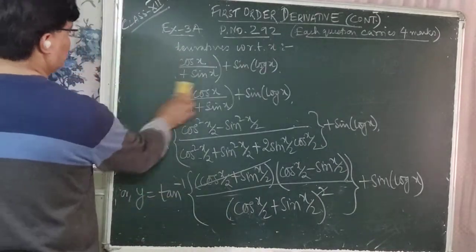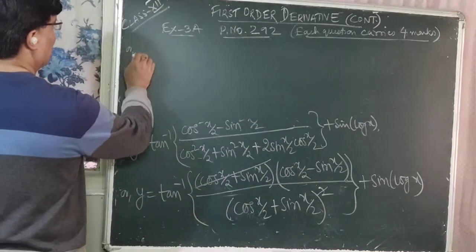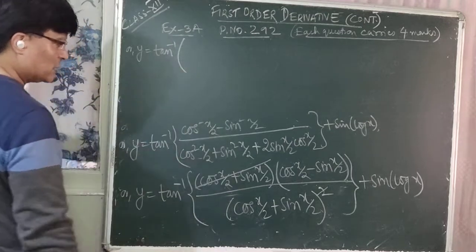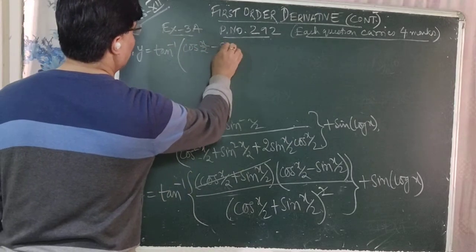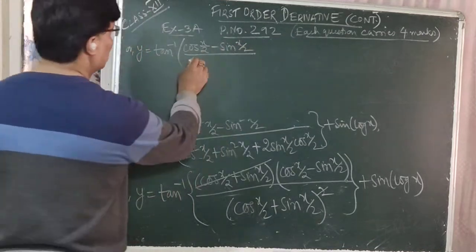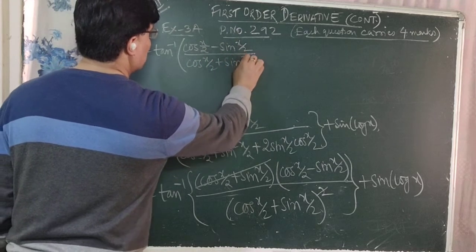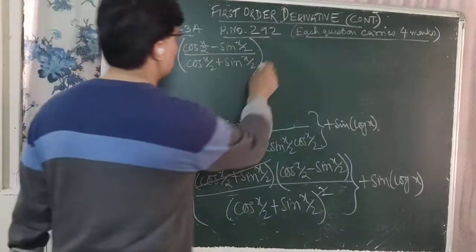Okay. Next. Or y is equal to tan inverse. So what are the remaining terms here? It is cos x by 2 minus sin x by 2 divided by cos x by 2 plus sin x by 2, plus sine of log x.